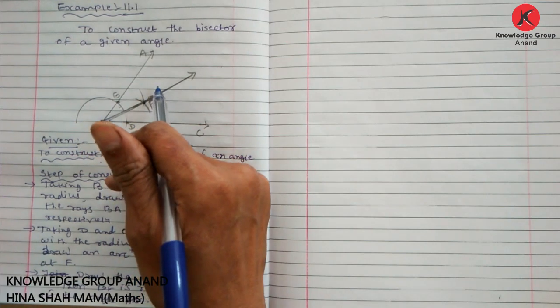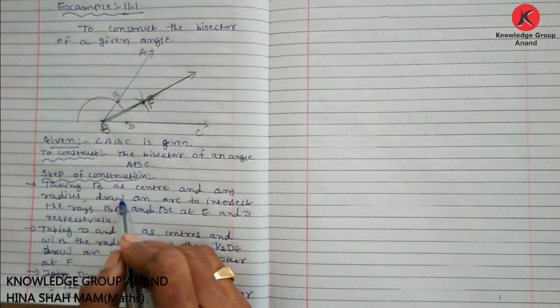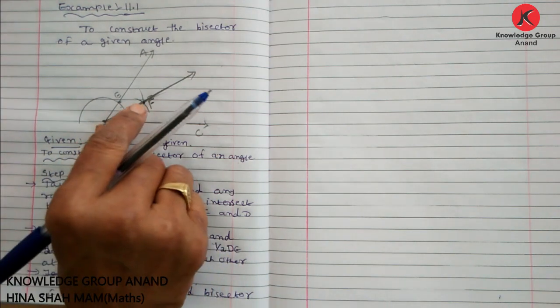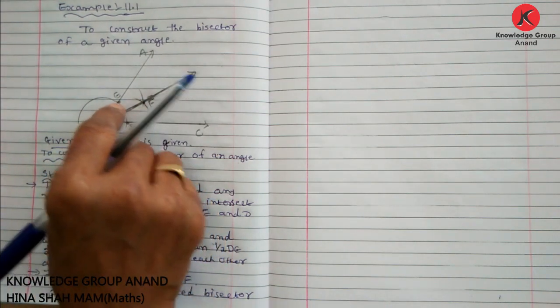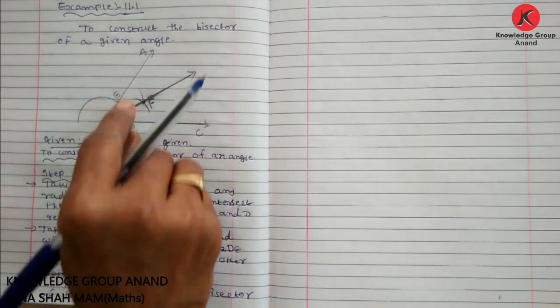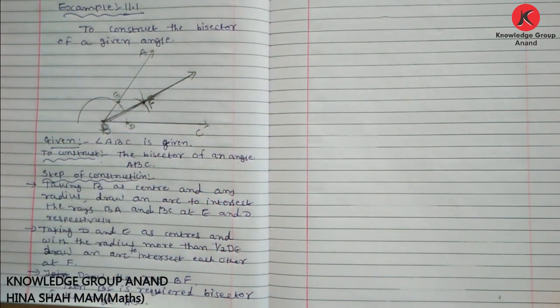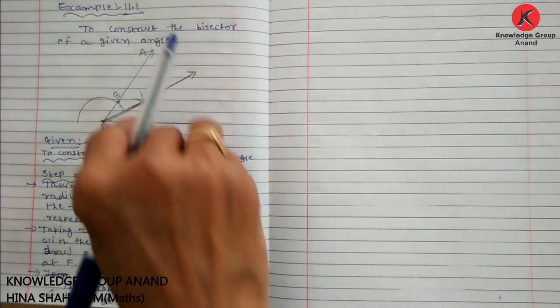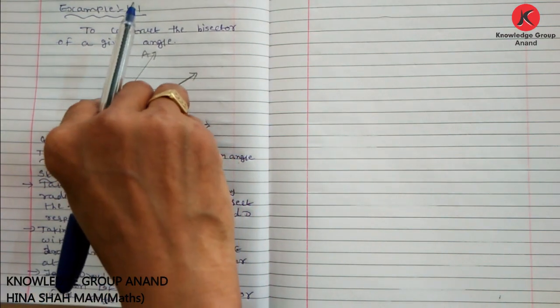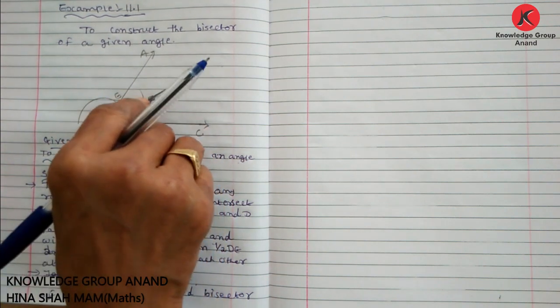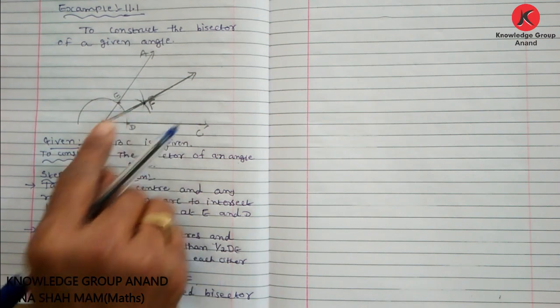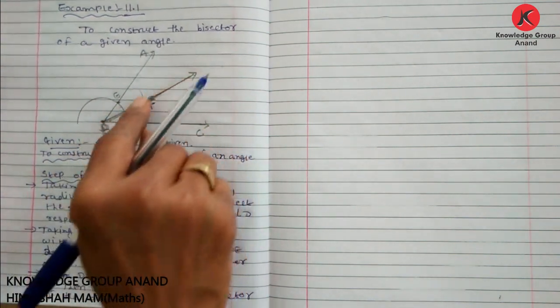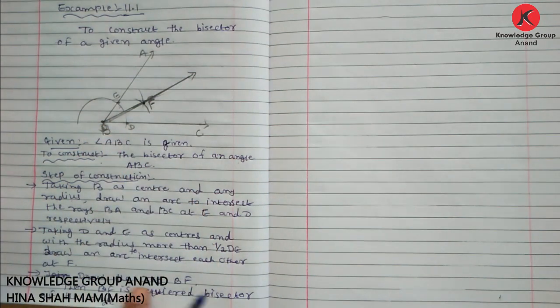Then we draw the figure and write the steps of construction: taking B as center with any radius, draw an arc which intersects BA at E and BC at D. Now taking D and E as centers and a radius more than half DE, draw arcs which intersect each other at F, and join the ray BF. Then BF is the required bisector of angle ABC.